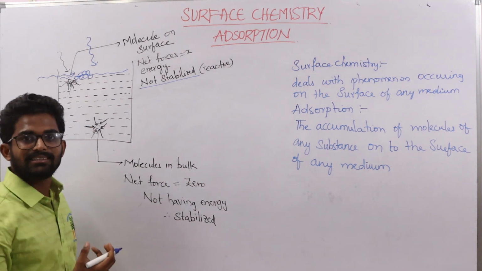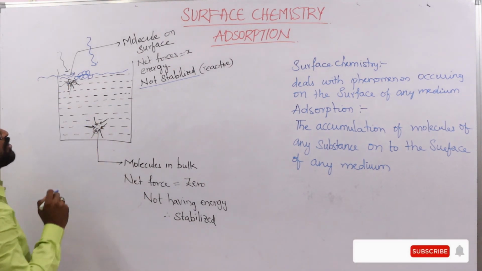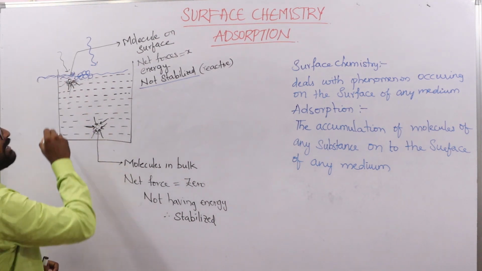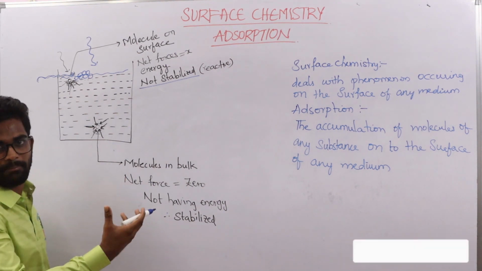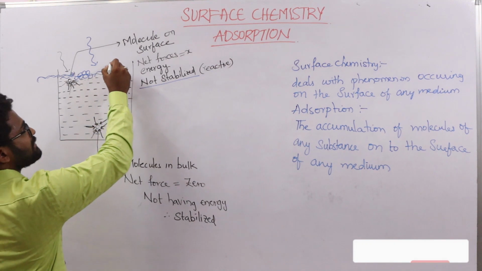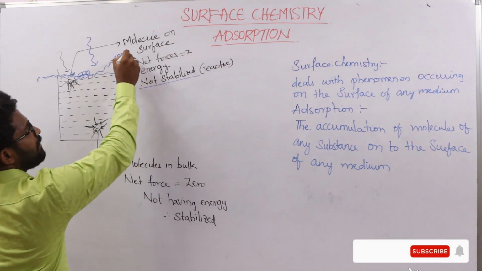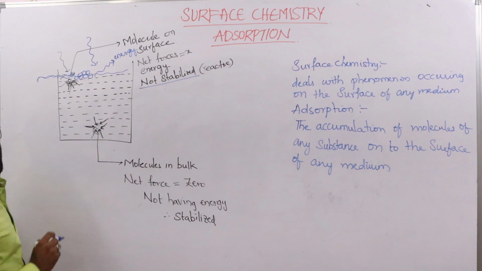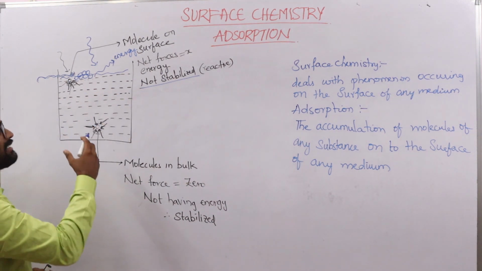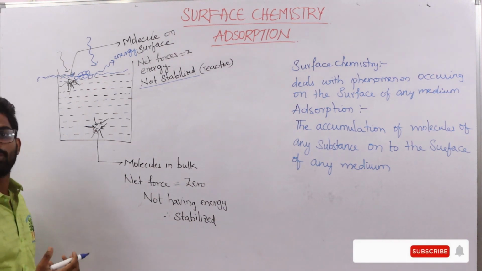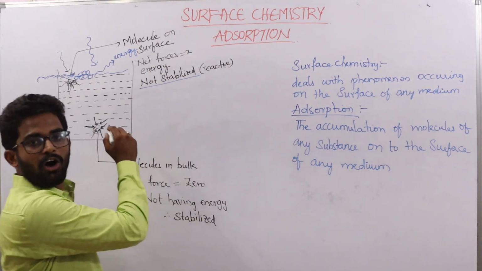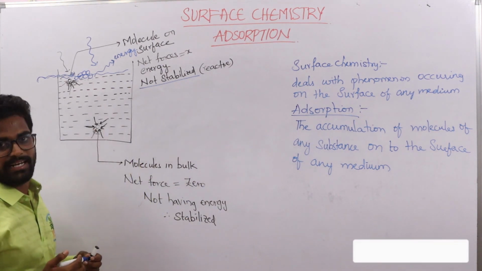To get that stability, the molecules on the surface attract some other molecules and react with them. When they react, they lose some energy and get stabilized. That is the reason why the adsorption process occurs on the surface of any medium.